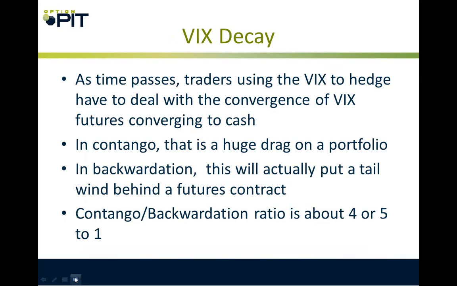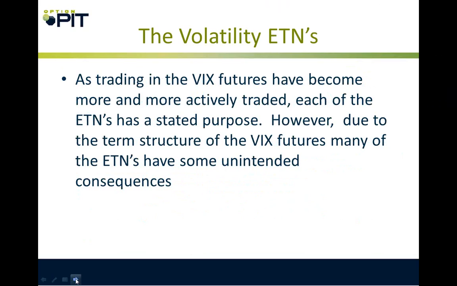So over time, in contango, this spread between cash and the future tightens to almost nothing the day before expiration. All right, so that's a big thing to understand on futures when you're trading them and looking at them.